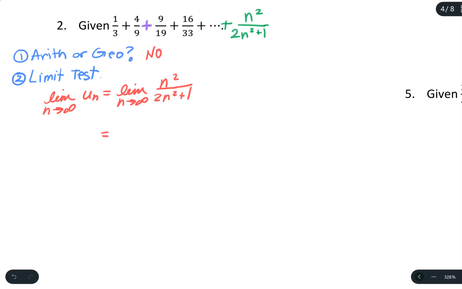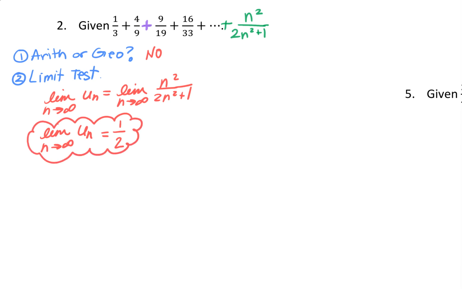Knowing what we know about either dividing by n squared, because that's the greatest power of the denominator, or our horizontal asymptote rules, the limit of this is going to be 1/2. So the limit as n approaches infinity of u sub n is equal to 1/2. Oh, 1/2 does not equal 0.